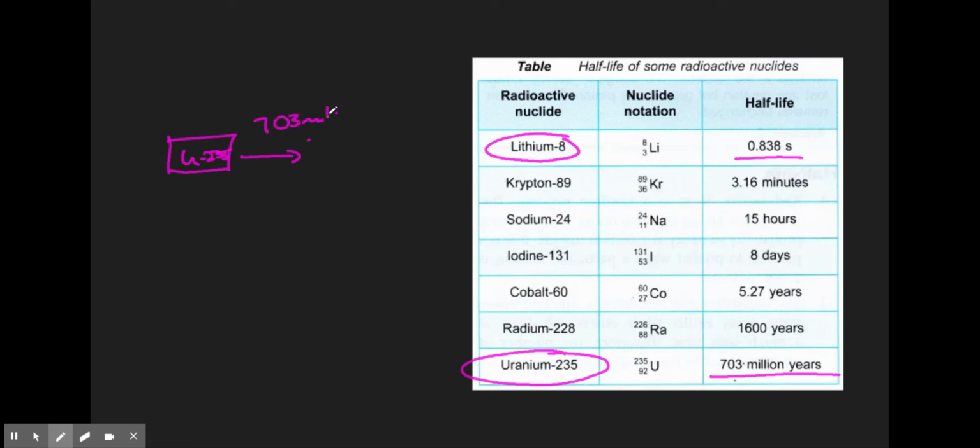And only then are you down to like a 50-50 blend, 50% uranium-235 that you started with, and then the rest of this material will be the daughter nuclei, or the daughter of the daughter nuclei. We'll talk about decay chains at some point when it's necessary. But point of this is we have a range of stability. We have a range of half-life times ranging from fractions of seconds to millions of years.